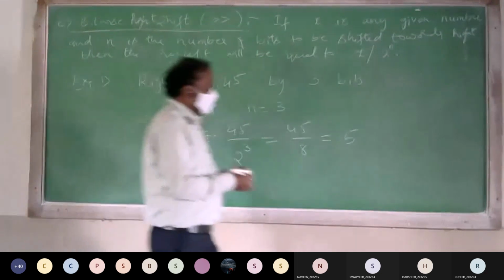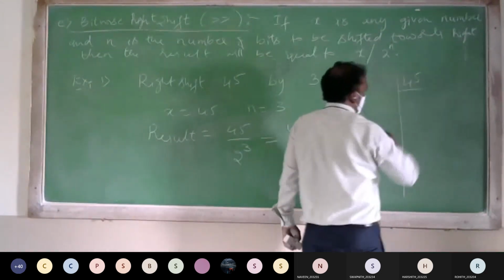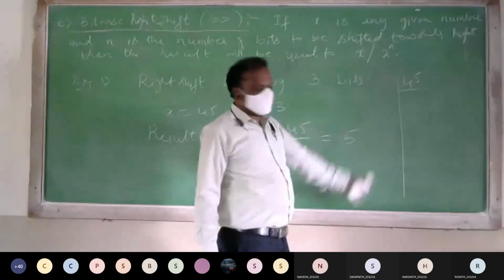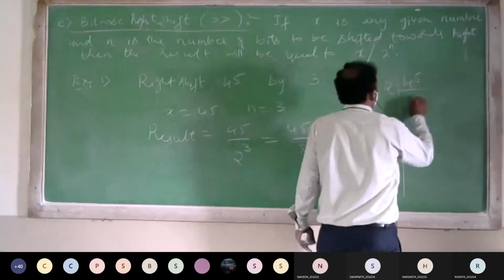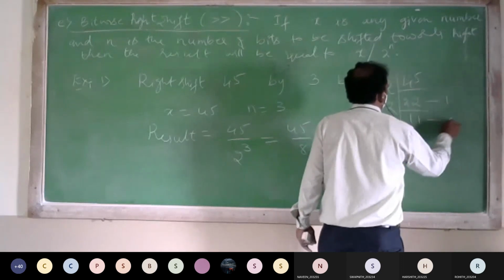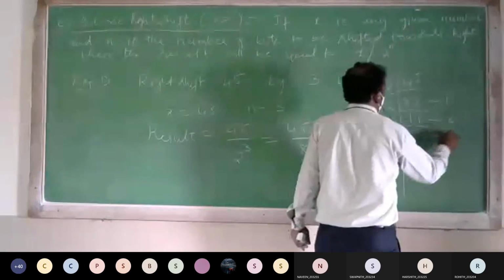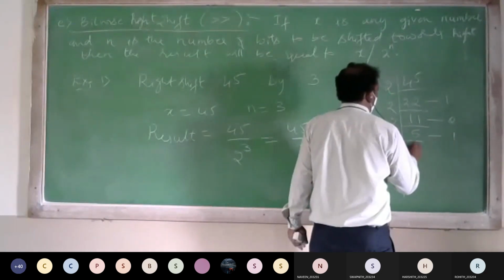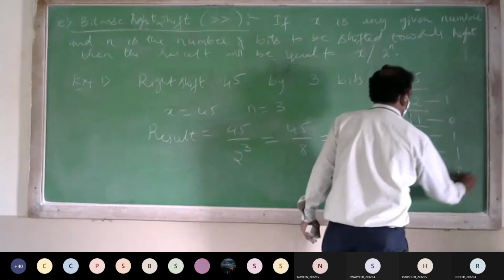Now we shall see with the memory diagram. Now what is 45? Convert 45 into binary. If you are not able to write directly, then use this division rule. 2 22s are 44, remainder 1. 2 11s are 22, remainder 0. 2 5s are 10, remainder 1. 2 2s are 4, remainder 1. 2 1s are 2, remainder 0.